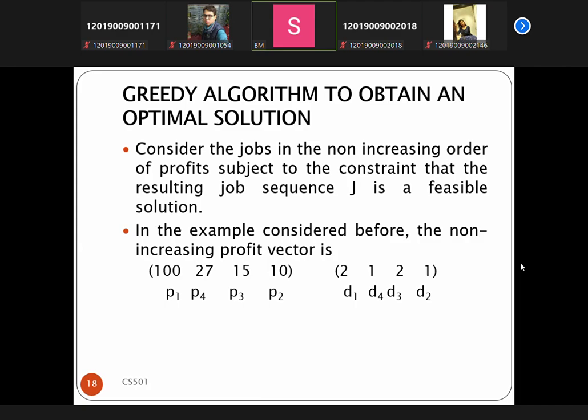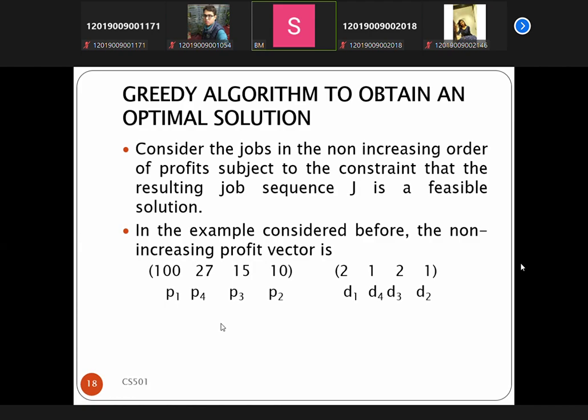So what do we do again? We sort them as per the profit, in non-increasing order, specifically descending order, so that the maximum profit-giving element is taken first. This way you first arrange all the jobs with their profits and deadlines.